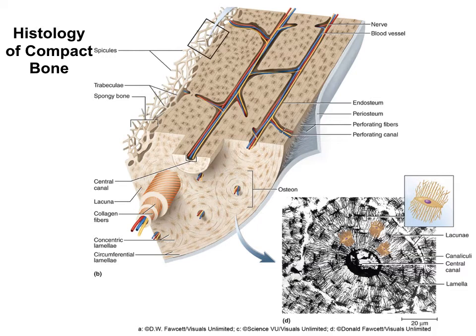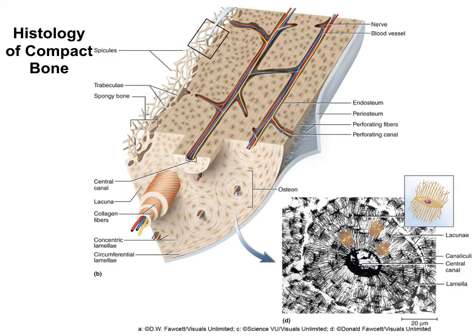The next structure I want to mention is your osteon, which, as was mentioned in the last module, is the structural unit of your compact bone, and it's what looks like that tree trunk in the histology slides that you saw in lab. Now, anatomically speaking, osteons contain two distinct structures.